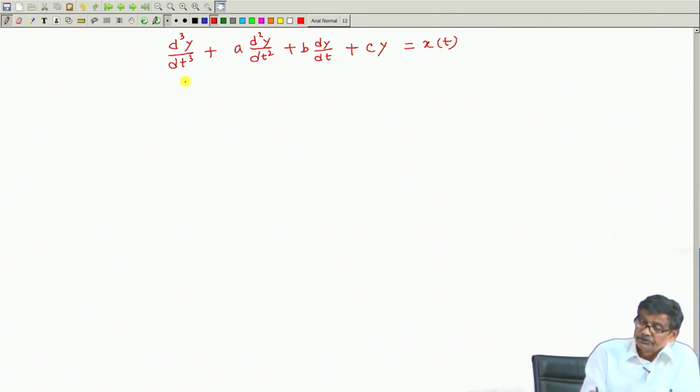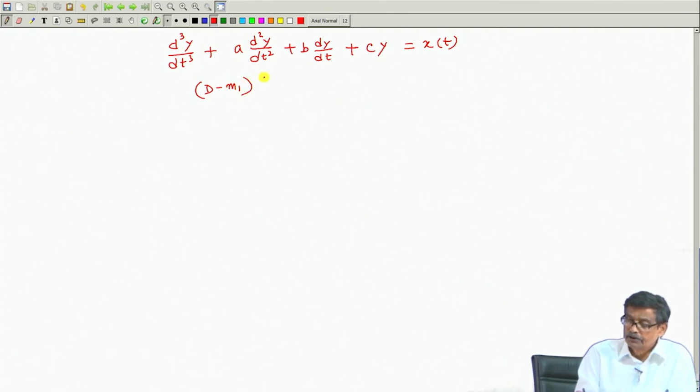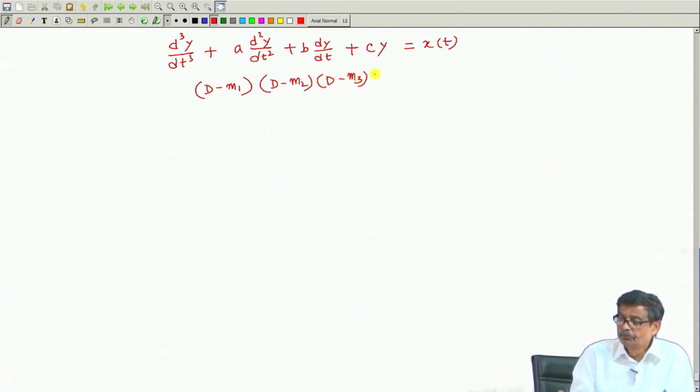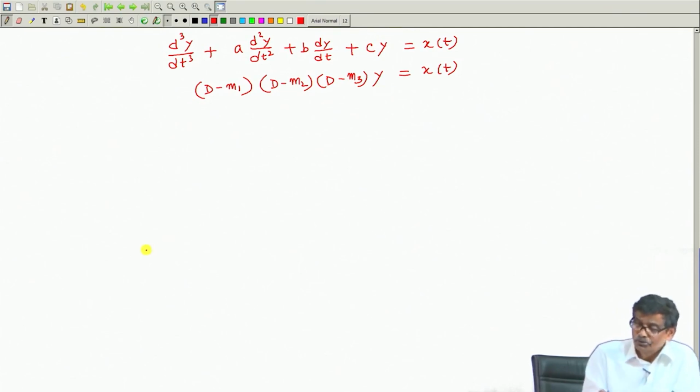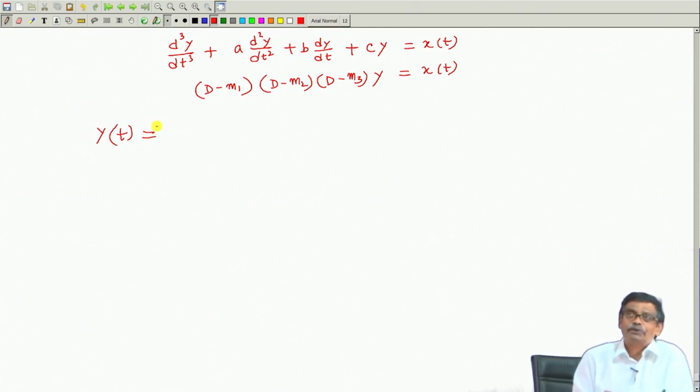What will I do first? You first write down the equation in this way, d minus m1, d minus m2, d minus m3, factorize it into y is equal to x t. So, 3 first order systems you can make, but whatever you do, the solution is so nice a thing to remember, easy to remember.